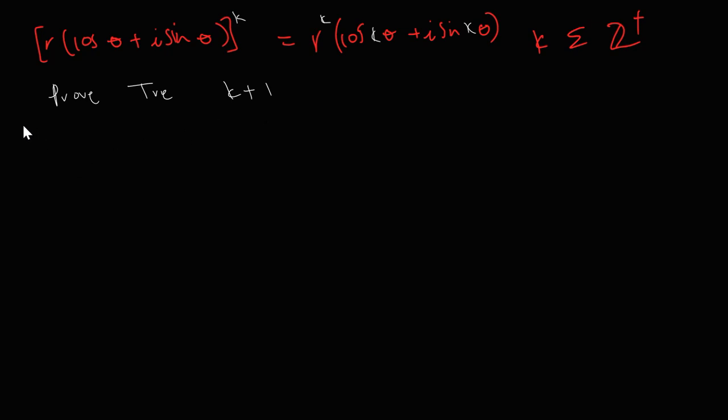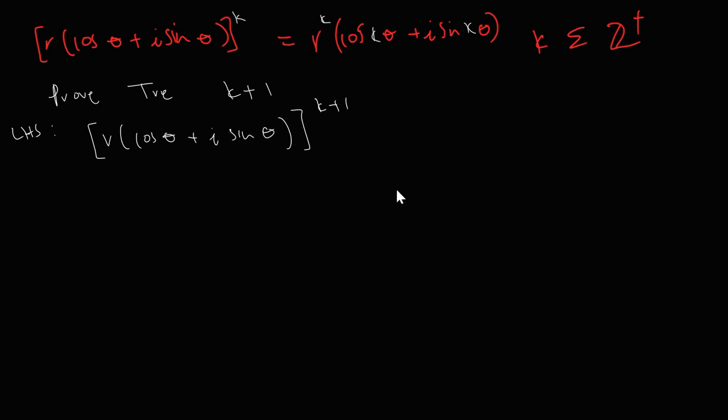Okay, so let's start. I'll start with looking at the left hand side. So we're going to have r, open cos theta plus i sin theta, all raised to k plus 1.